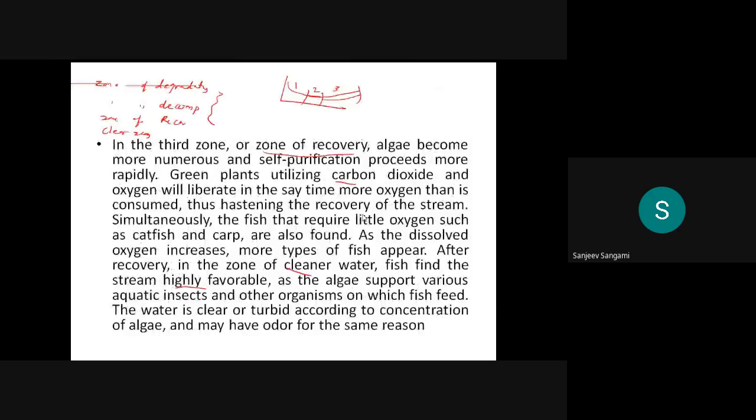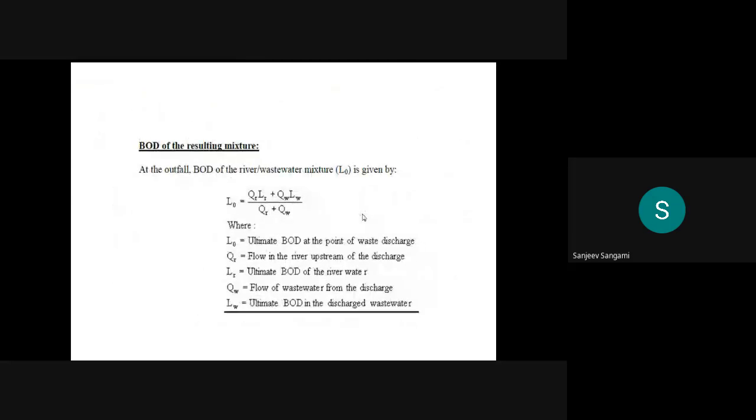Then we'll move on to how exactly the BOD of any mixture can be calculated. For example, you take the river. Assume that wastewater is mixing, which has a starting BOD.